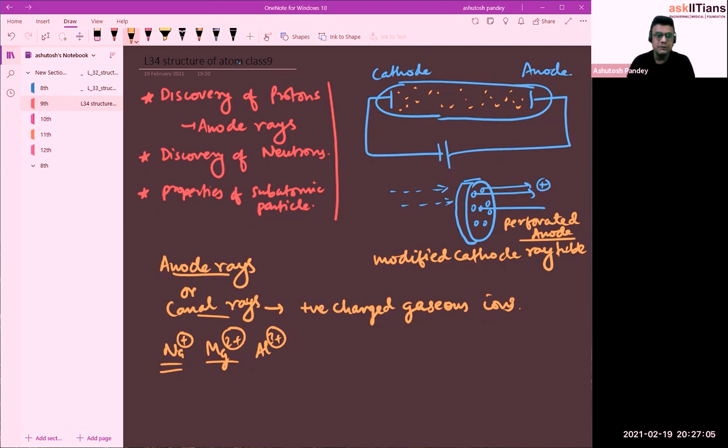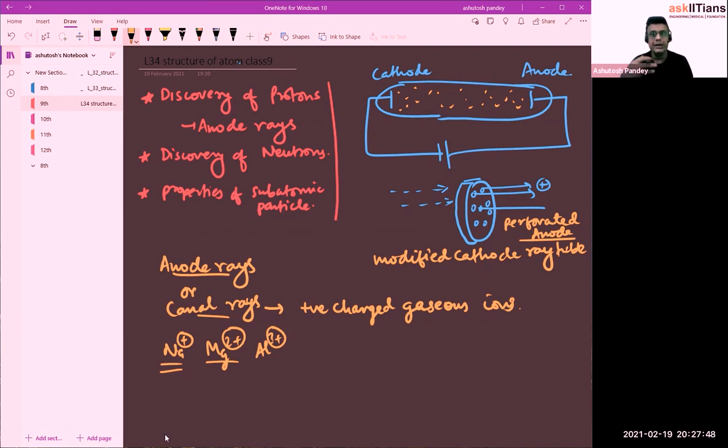Now the behavior of these particles in the magnetic and electric field is opposite to that observed for electrons or cathode rays. Since the cathode ray was negatively charged, it behaved like a negatively charged particle in all the experiments. As you remember, in the previous case we took various electric and magnetic fields, and when we tried to regulate them, the electron hit at B, A and C. You can refer to the previous lecture for this experiment.